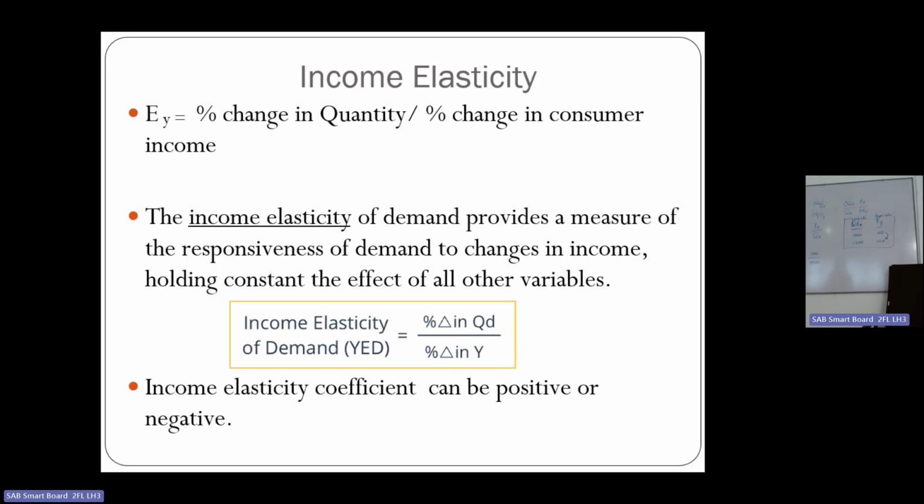So it is the sensitivity between demand and the income of consumers. How far the quantity demanded responds to a change in the income of consumers. That's also very important. So we need to ascertain the relationship between consumer income and the demand for the product that we consider.